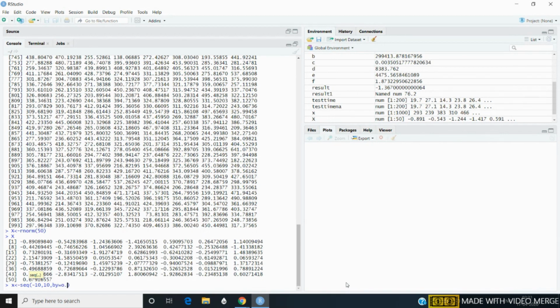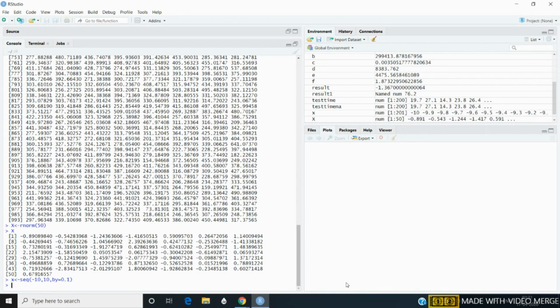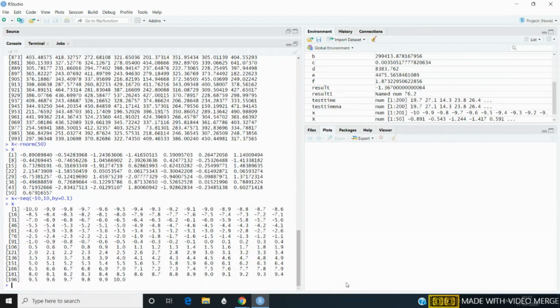So I have created a sequence of numbers. Let me print this: small x, enter. These are the numbers, -10, -9.9, and this way we reach up to 10.